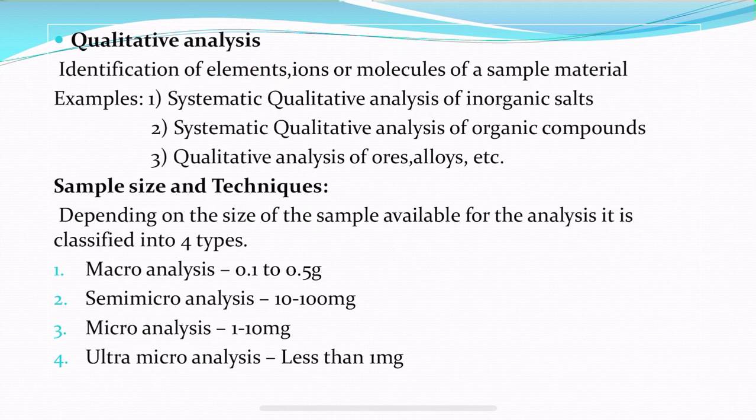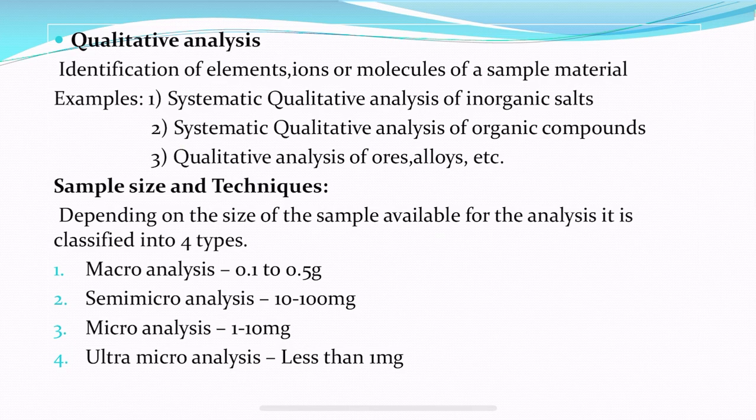Now, what are the examples of qualitative analysis? The first example is, as I told, a systematic qualitative analysis of inorganic salt, which experiment we have already performed in your second PUC classes, that is identification of acid radical and basic radical.